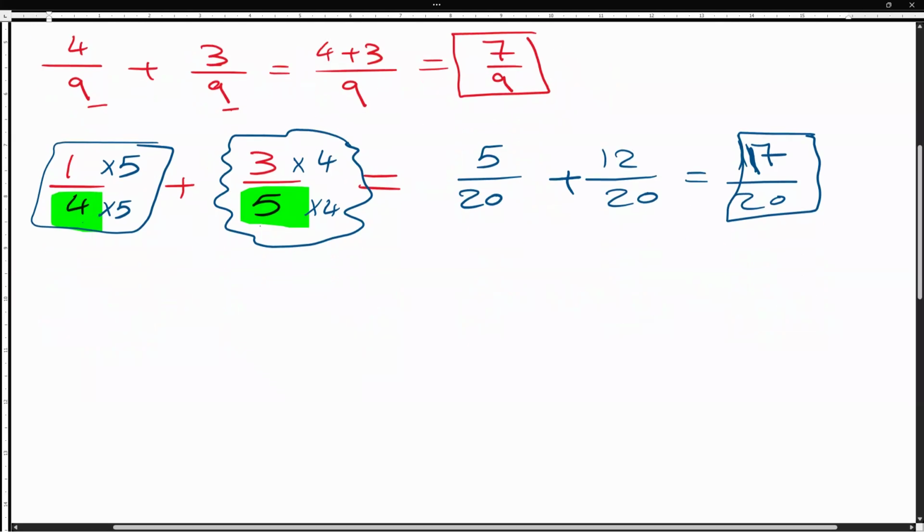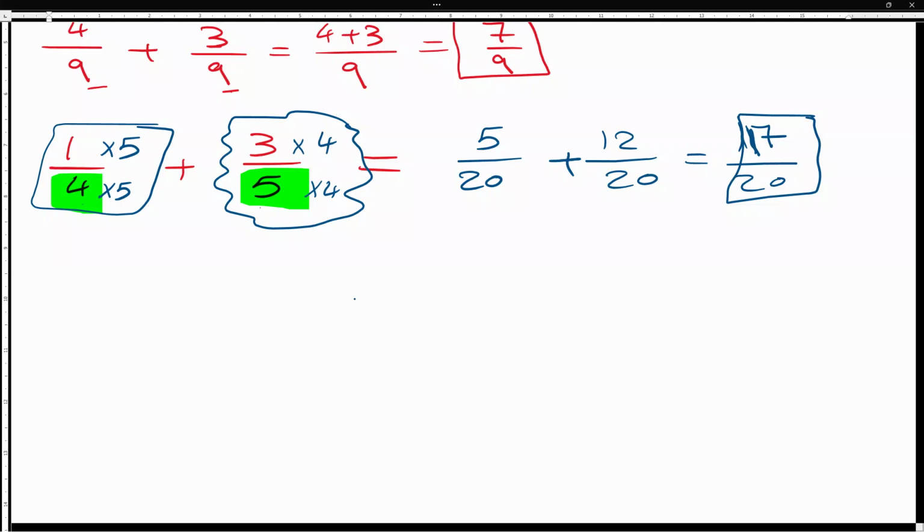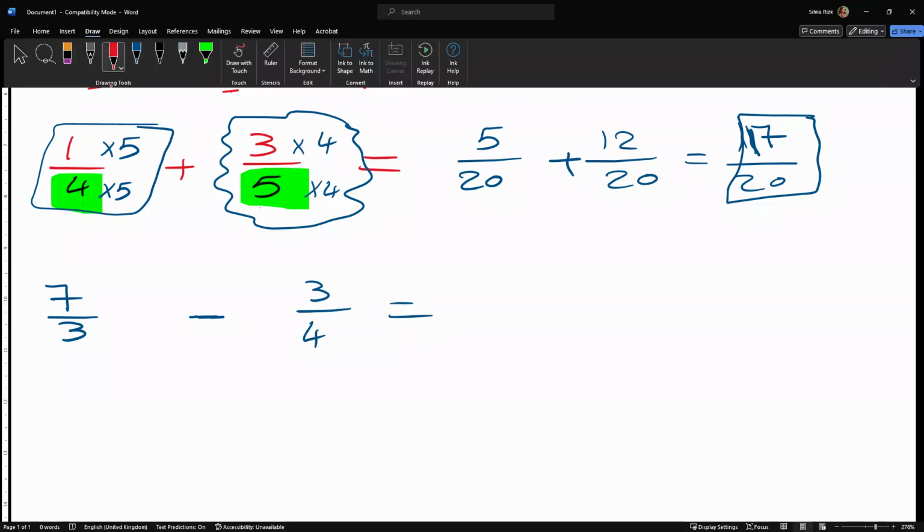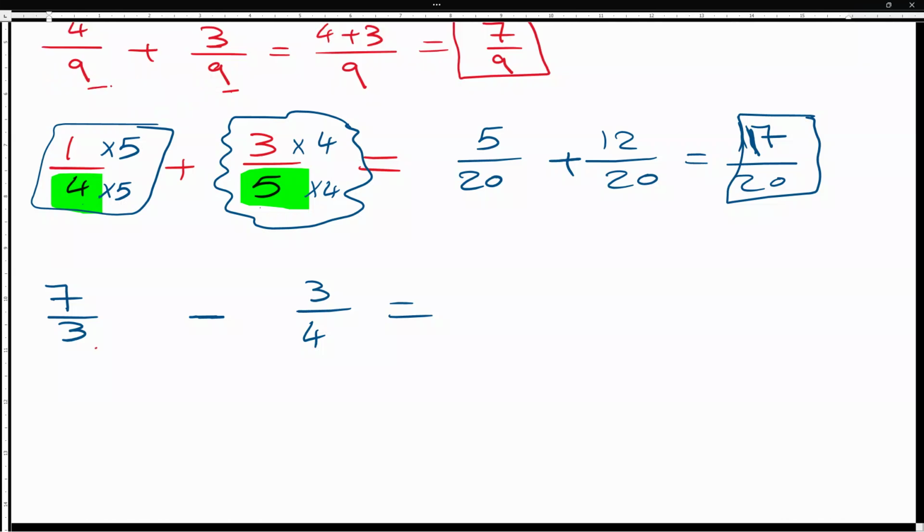What about if it's subtract? It's the same. Let me show you. So if I said 7 out of 3 minus 3/4 equal what? Okay, so I have 3 and 4. Both of them are not the same, so I'll multiply them together. 3 times 4, 7 times 4.